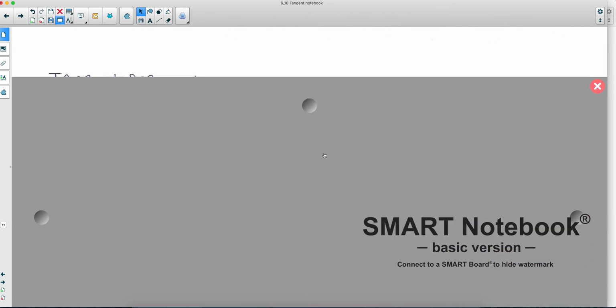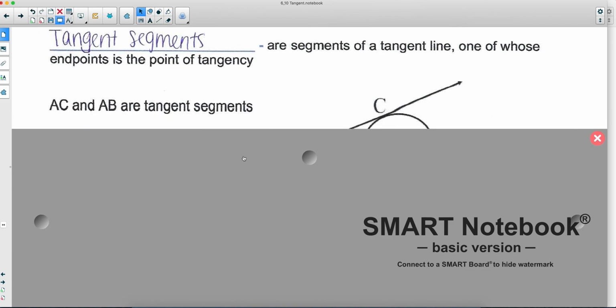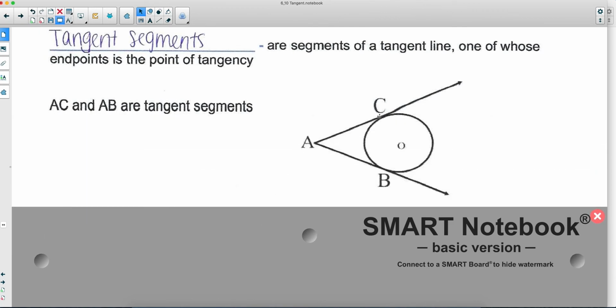Now, tangent segments. When we say tangent, we're talking about a full line, but a tangent segment is just a segment of the tangent line. Specifically, it goes from the point of tangency to an external point. For instance, right here, AC is a tangent segment as well as BA.